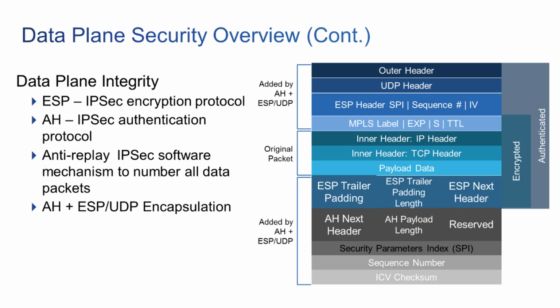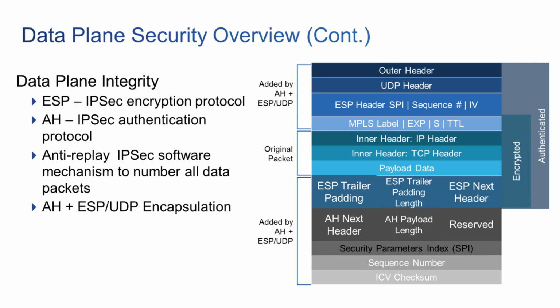We've already slid that window over, so the old sequence numbers are no longer valid. Either way, the destination is going to drop that packet. So the sequence number combined with this sliding window helps protect against man-in-the-middle attacks, making sure that the integrity of the data stream is maintained.